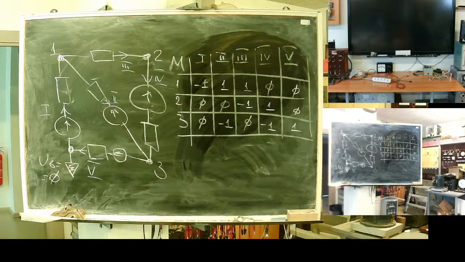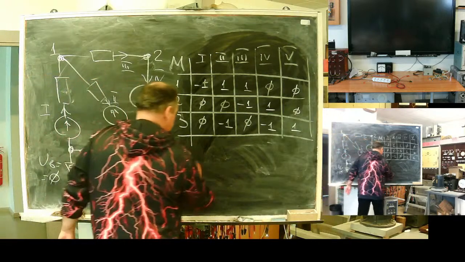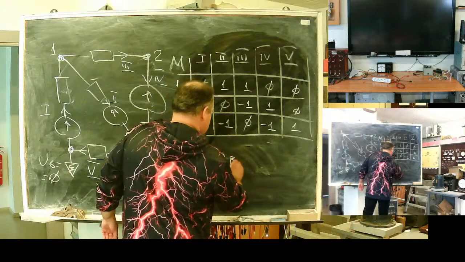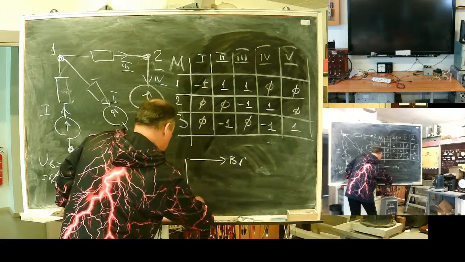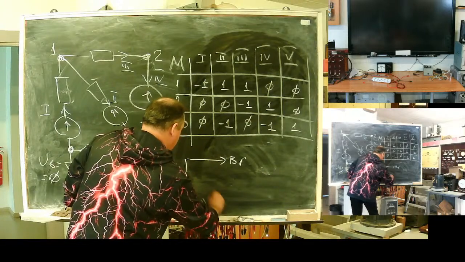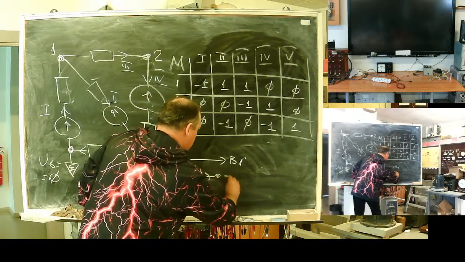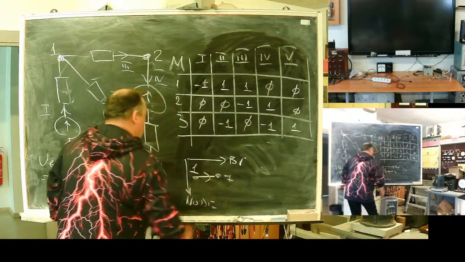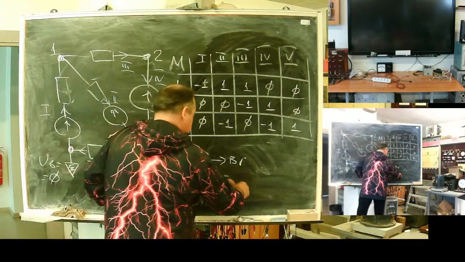Here is the matrix representing the topology of the network. Branch, node: in -1, out 1. Who writes -1 like this?